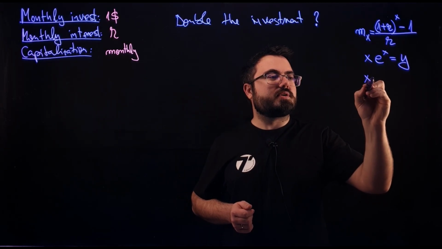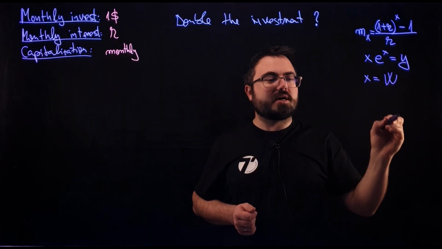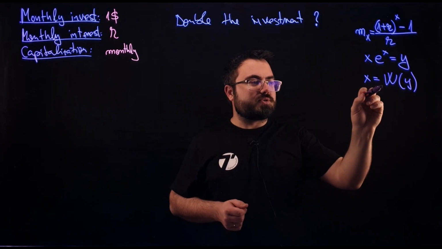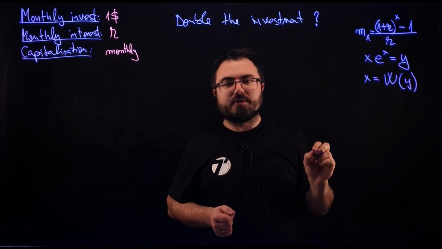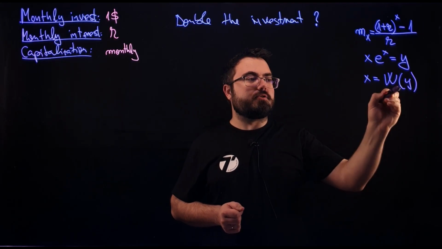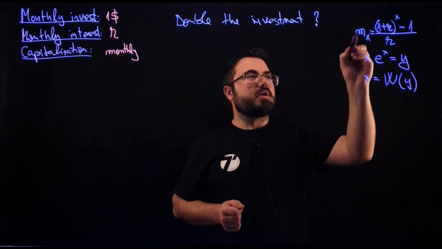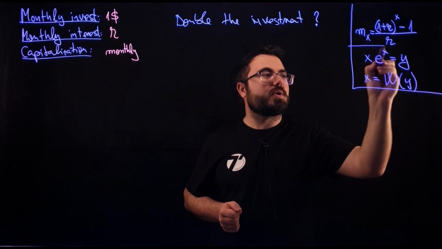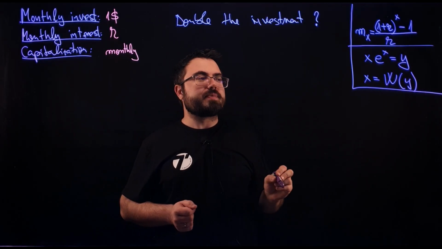So x is actually equal to W(y). What's interesting is that this is a multi-valued function, that is, it doesn't have only one single value for every argument. So let's bear this in mind before we go into our actual proof.